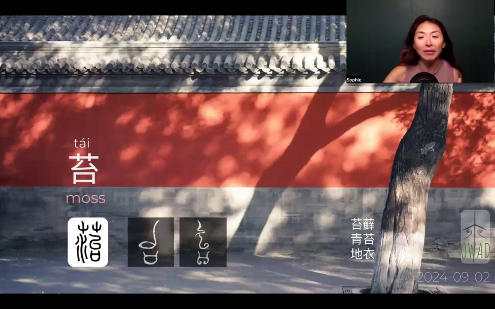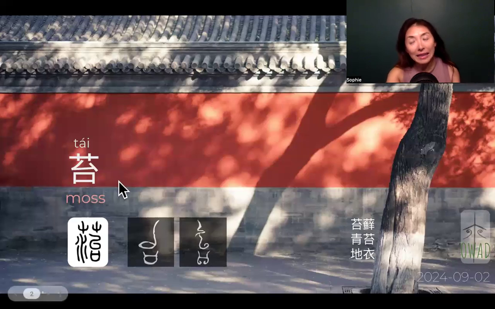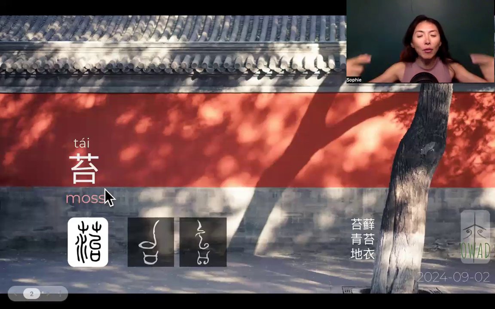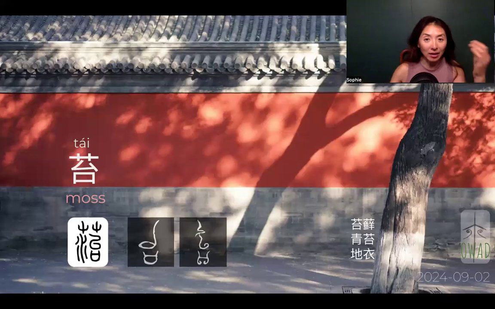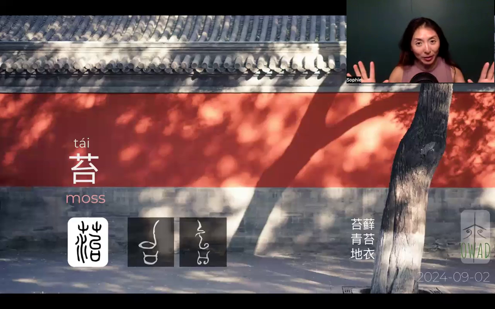So in our language, we have 苔藓, which means something growing on the surface. It's a double-character combination to make sure that when you hear the language, if you hear Tai on its own, even within context there may be double meanings. But if you say 苔藓, then there's no mistake that this is exactly moss.